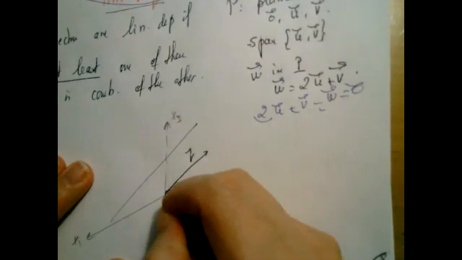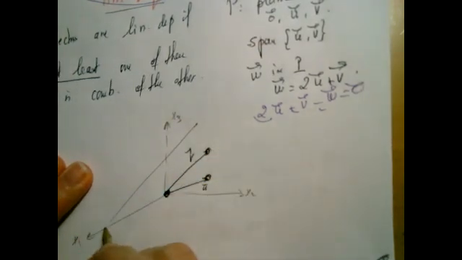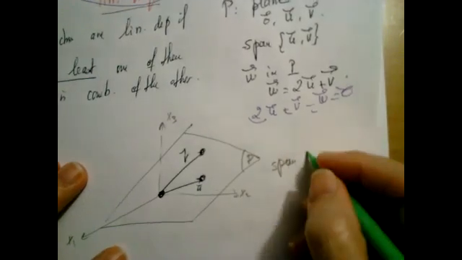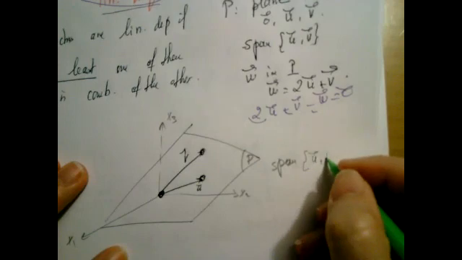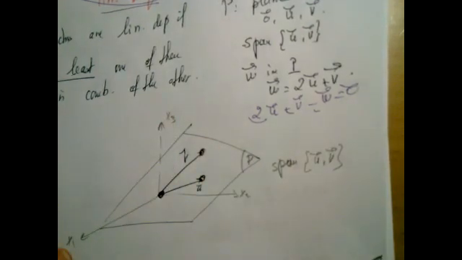That's the plane which is formed by them. It goes through U, it goes through V. The plane I'm thinking of is the span of them, nothing more than every linear combination of those 2 vectors, because they are not scalar multiples, so their span is the plane.